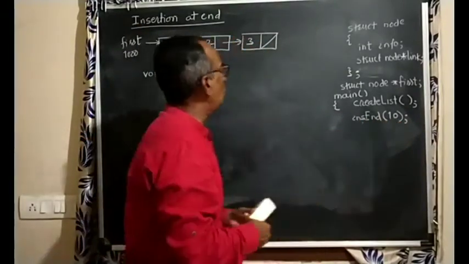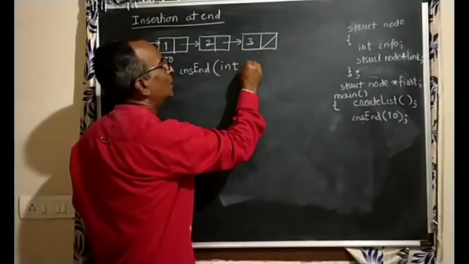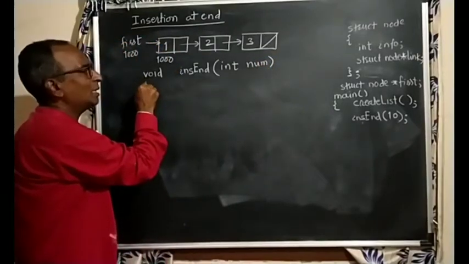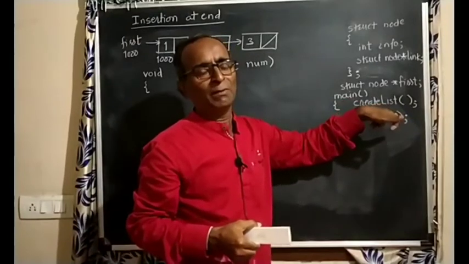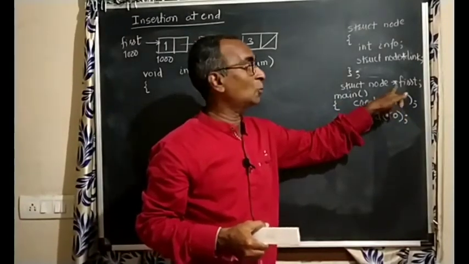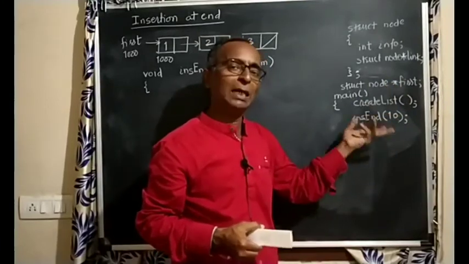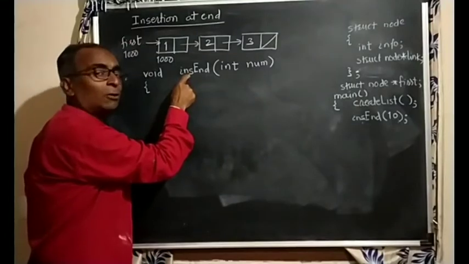So what will be the parameter? My parameter here is an integer, this is the number I am passing. That's it. There is no need of passing first now. Why? Because it is a global variable. It is visible to insert at end also.